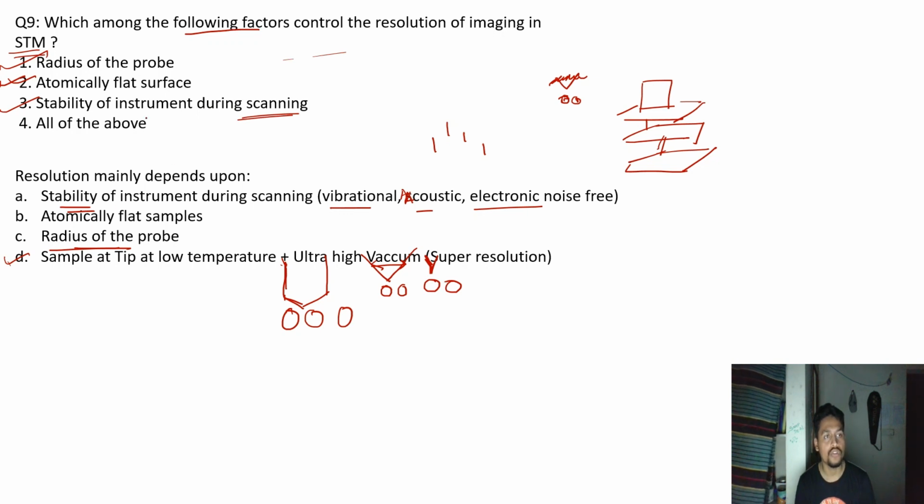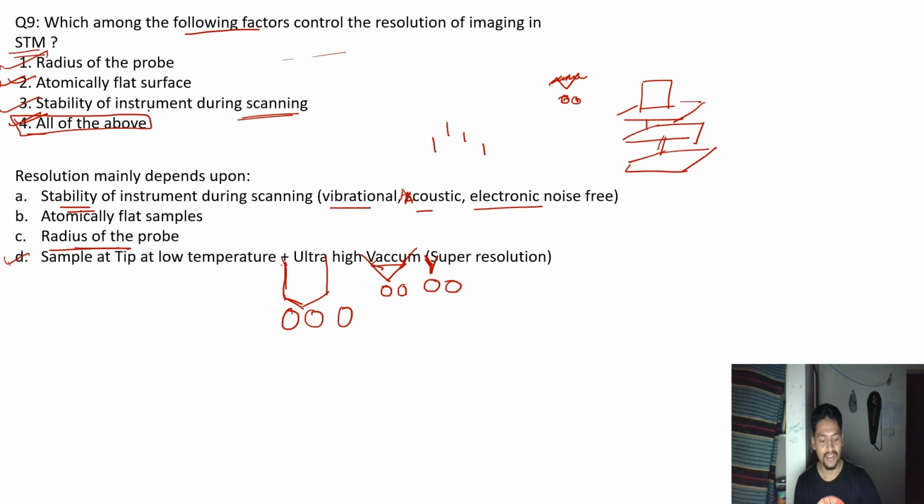Also the low temperature, which is not written here: if you keep it low, a high resolution picture can be obtained. So all of the above are factors that control the resolution, right?